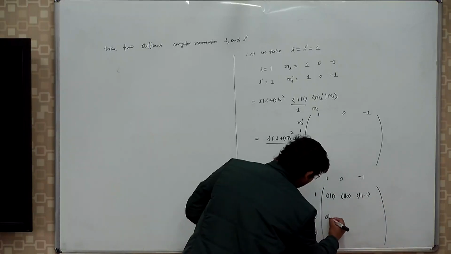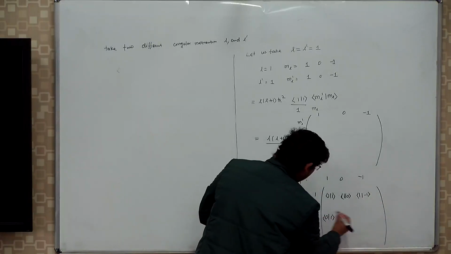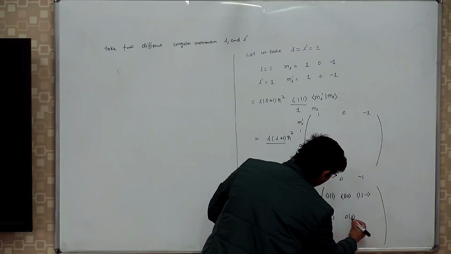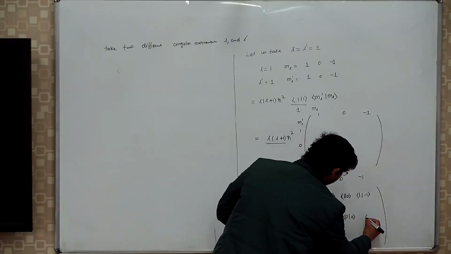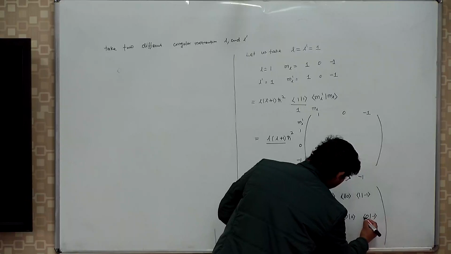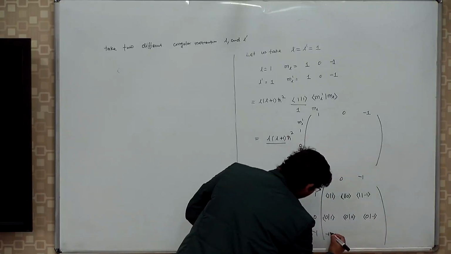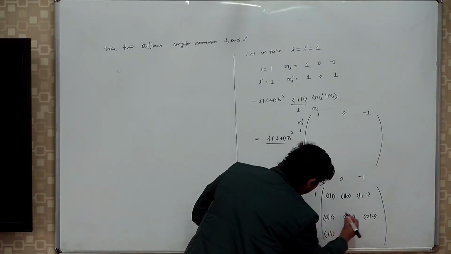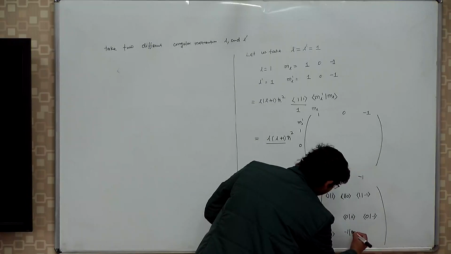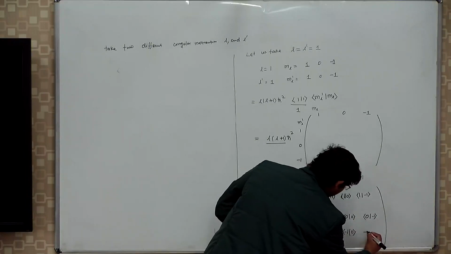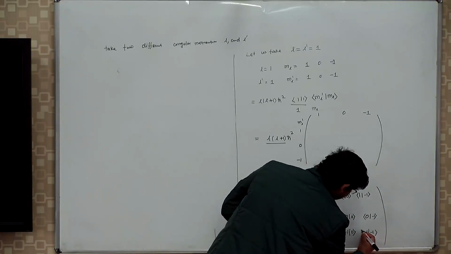Again 0 with 1, and here 0 with 0, and 0 with minus 1. When you come here, minus 1 with 1, minus 1 with 0, and minus 1 with minus 1.